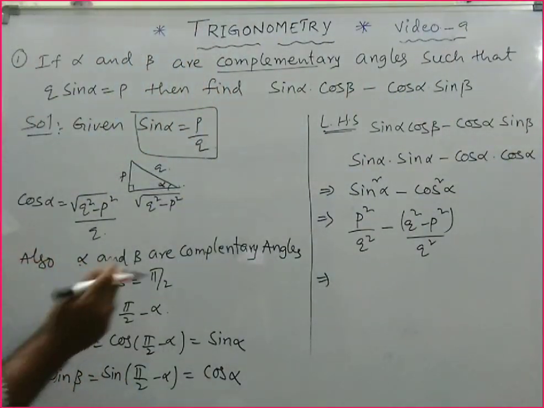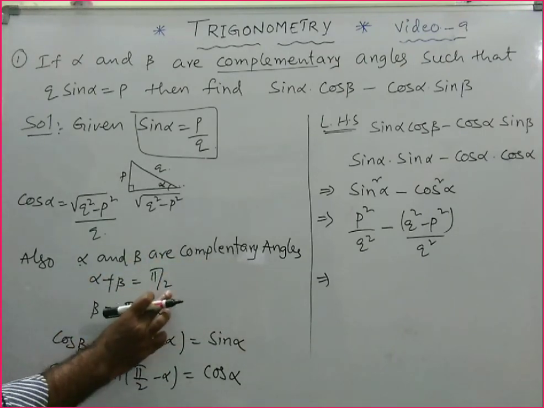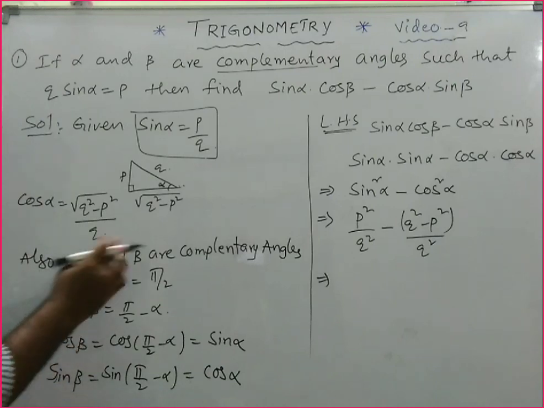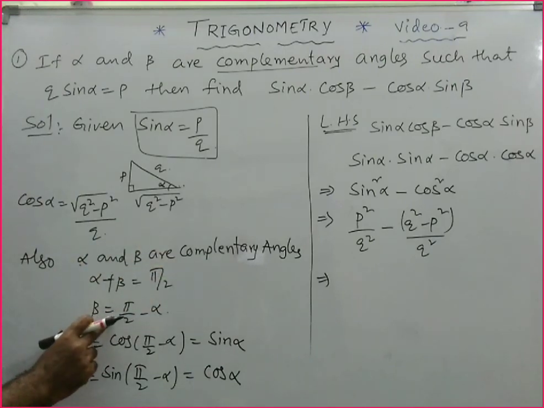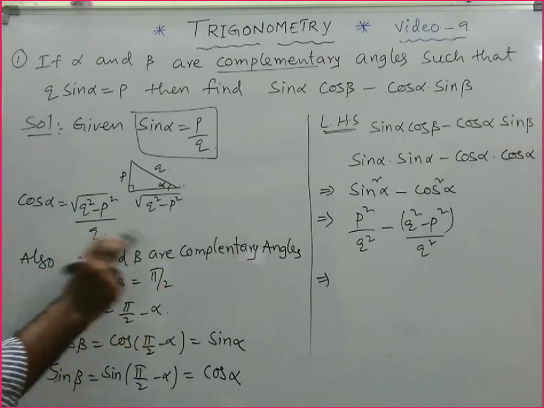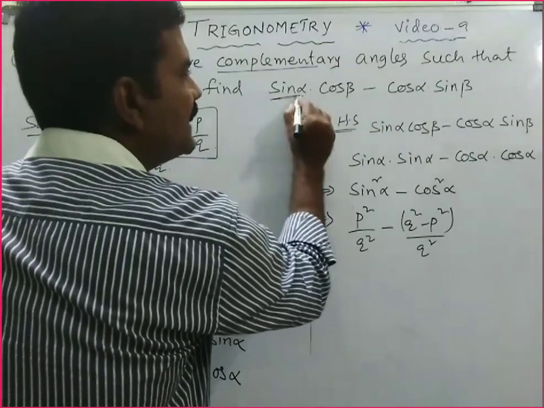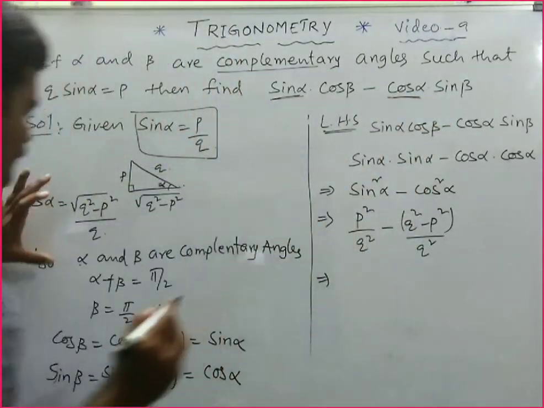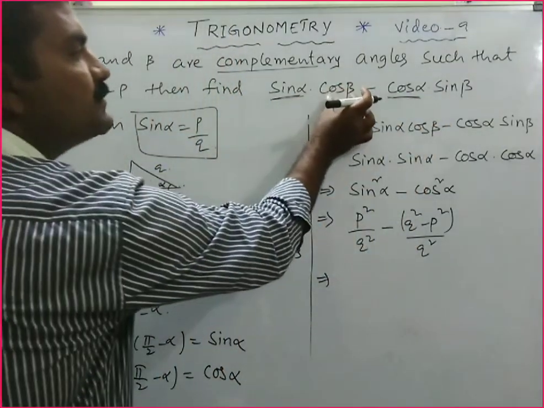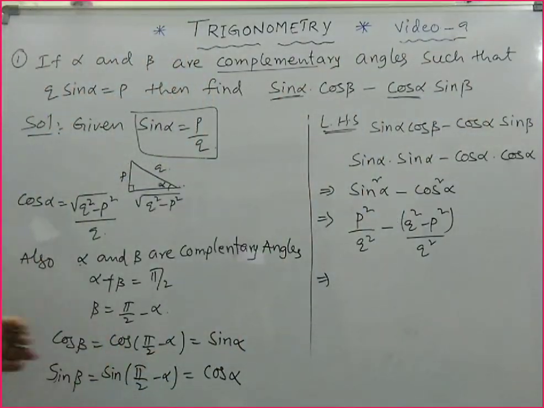So now using the concept of complementary angles, alpha plus beta is equals to 90, and send any one that side. That is beta is equals to 90 minus alpha. Why? Because right now I know what is sine alpha and what is cos alpha, but I don't know the cos beta value and sine beta value. So for that I want to take the help of this concept.